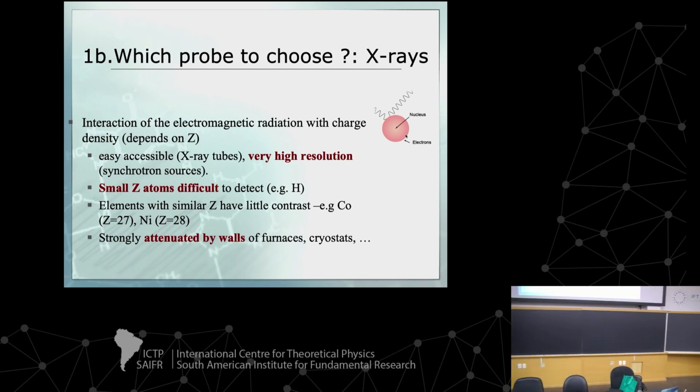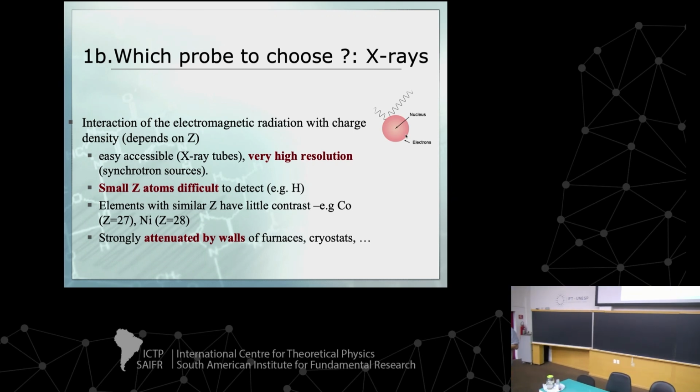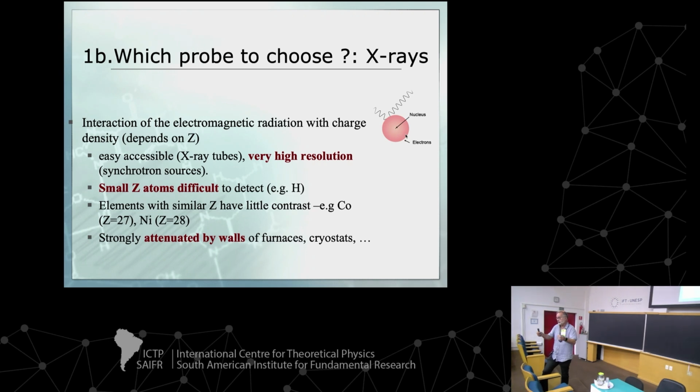You can discard it. But in the case of water, it is not. So you have two hydrogens, you have oxygen. Oxygen doesn't have a section that is too large for neutrons, but it has a coherent contribution, right?